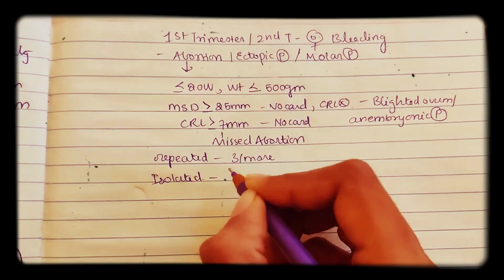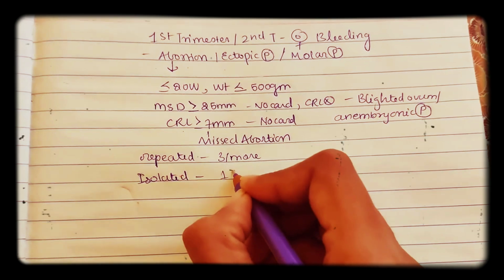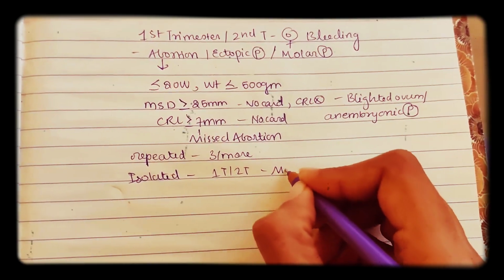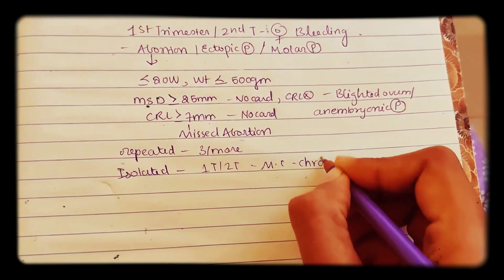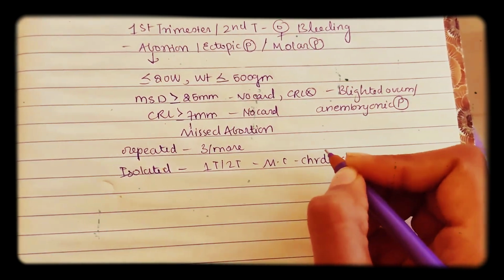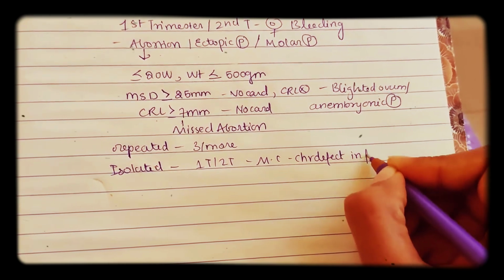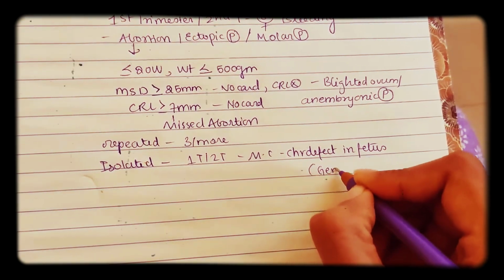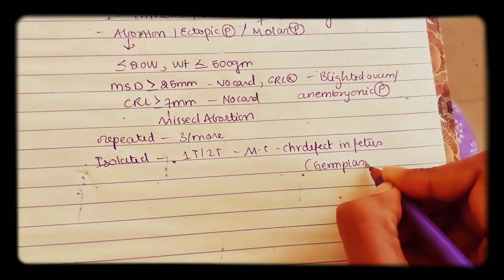Now coming to isolated abortion. Isolated abortion can be in the first trimester or in the second trimester. The most common cause of isolated abortion is chromosomal defect, especially a chromosomal defect in the fetus, or you can say germ plasm defect.